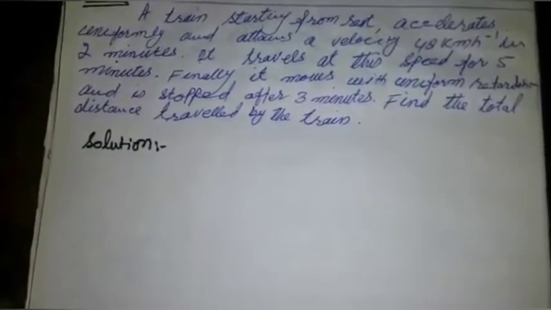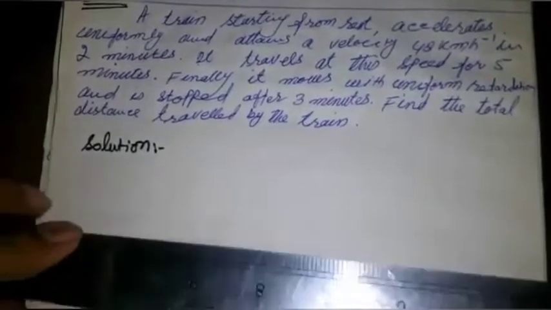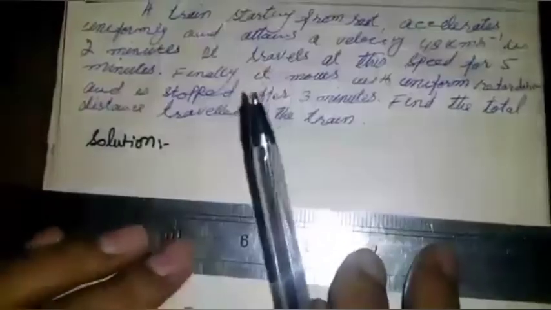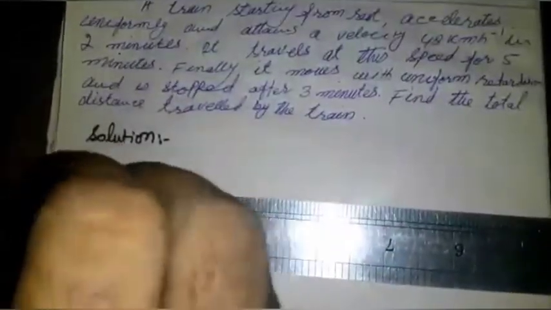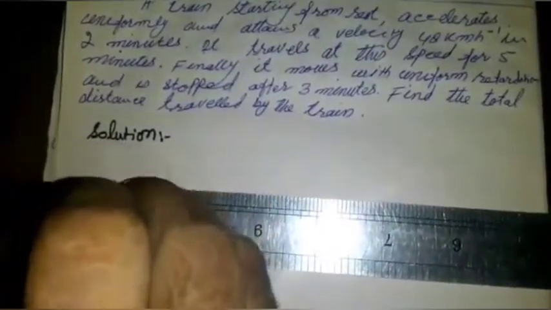First of all, look at the figure. The train is moving from rest. It means at the start its velocity is 0.